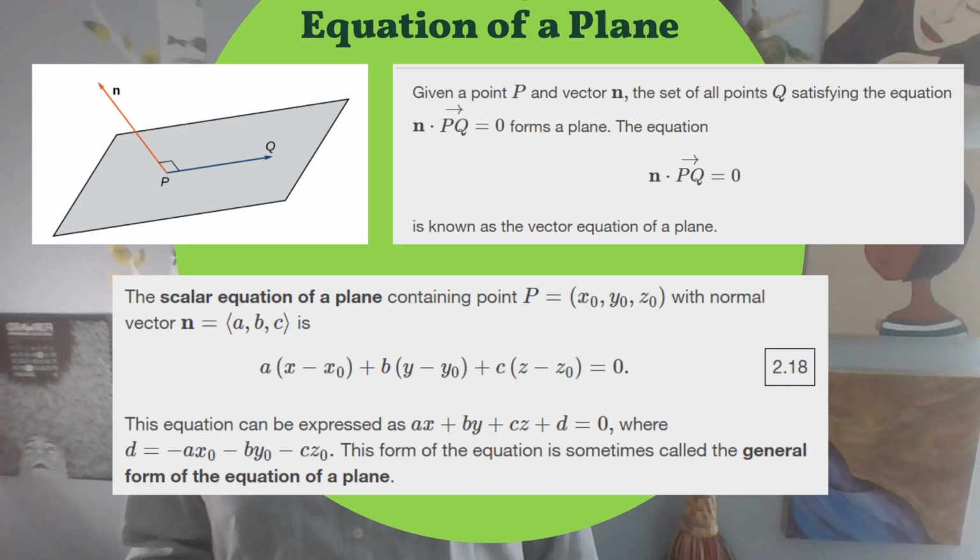If you look at this carefully, it's really a times x naught, b times y naught, c times z naught, and you're either all adding or all subtracting them. In any case, it's the dot product of the point P and the vector n. That's something to think about as you're doing some of these problems related to equations of the plane.